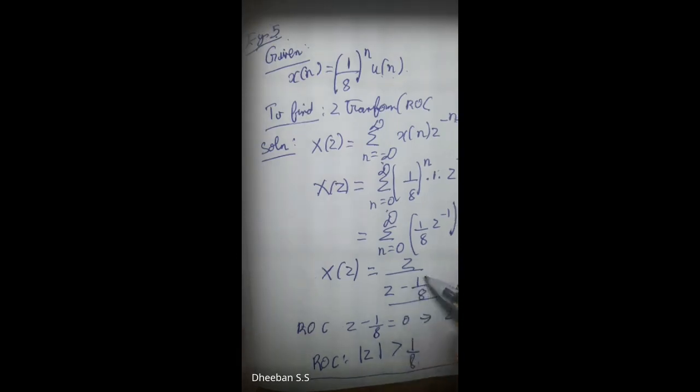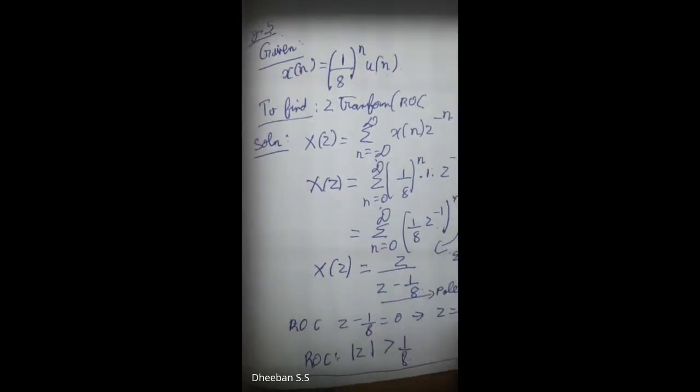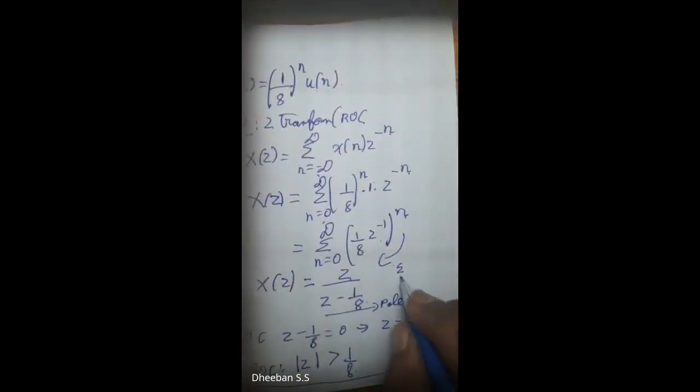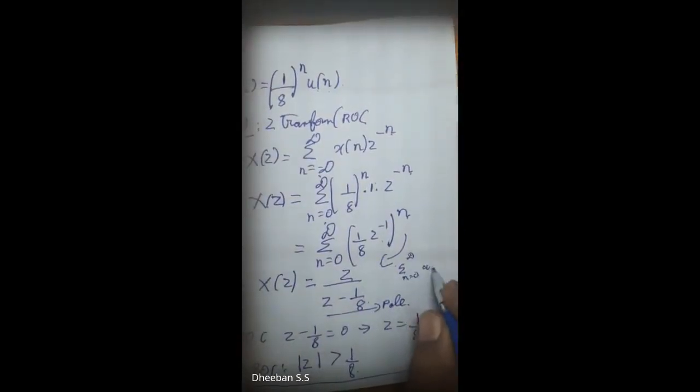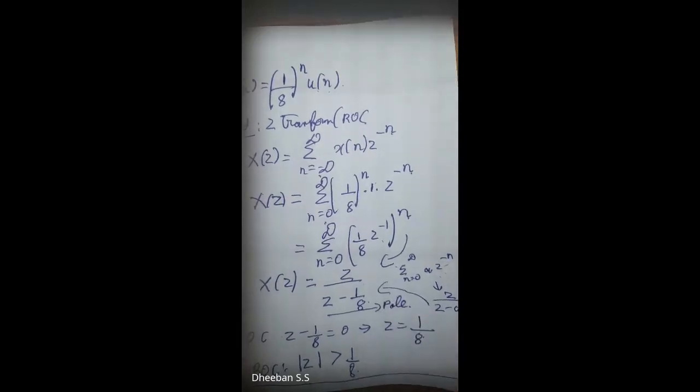How you get from here to here is by the formula. Taking the z transform, if we get summation n equals 0 to infinity of a z power minus 1 to the power n, this formula is transformed to z by z minus a. The same formula is implemented over here.